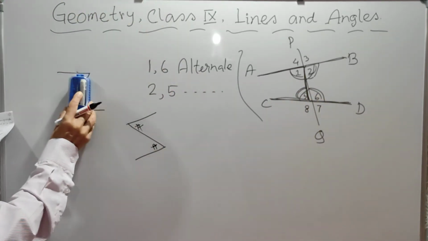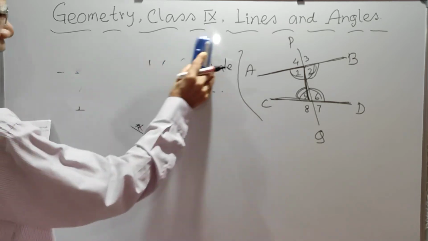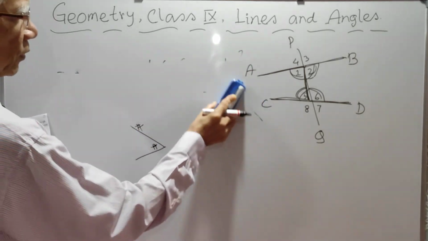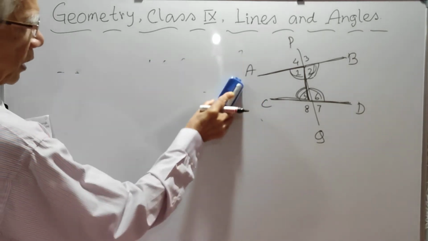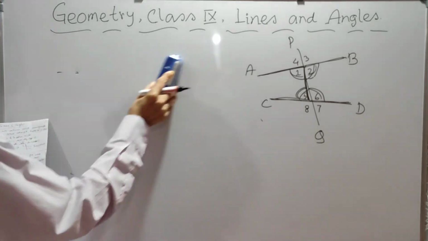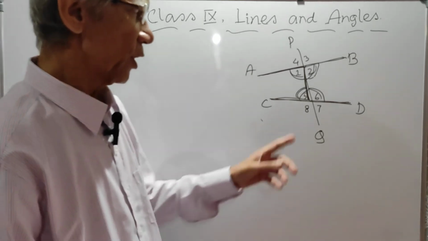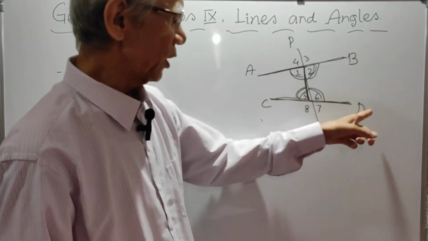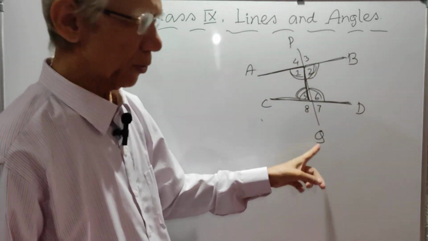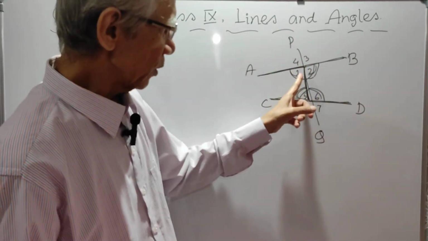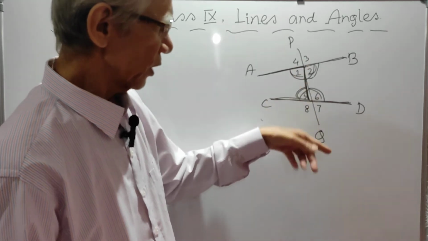All right. Now co-interior angles. Okay, now look at this diagram. So AB and CD are intersected by transversal PQ. So angle 1, angle 2, angle 5, angle 6, so that way.